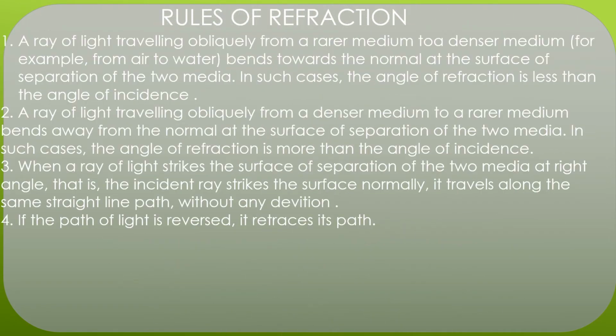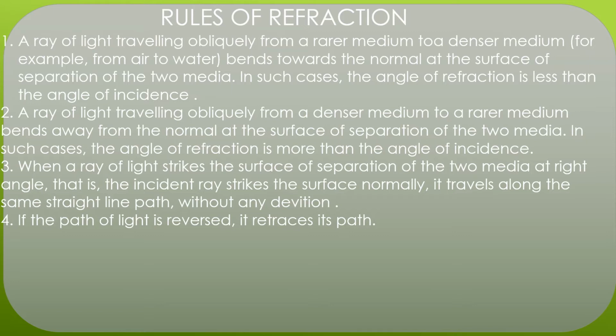Rules of refraction. A ray of light traveling obliquely from a rarer medium to a denser medium, for example from air to water, bends towards the normal at the surface of separation of the two media. In such cases, the angle of refraction is less than the angle of incidence. A ray of light traveling obliquely from a denser medium to a rarer medium bends away from the normal at the surface of separation of the two media.